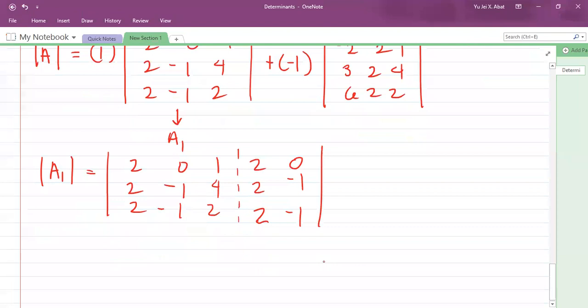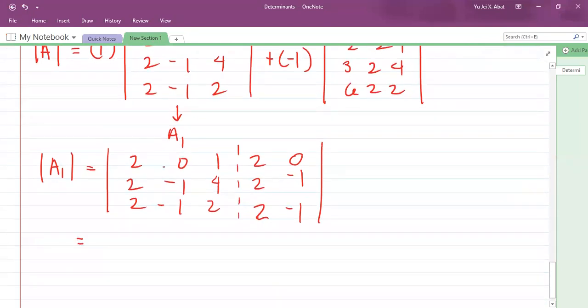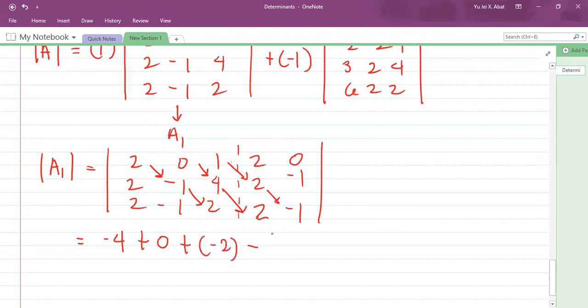Okay, kunin yung determinant. So, 2 times -1, it's -2 times 2, -4. Diniretso ko na. Plus 0 to. Okay. Plus 1 times 2 is 2. 2 times -1 is -2. Minus the other diagonals. 2 times negative 1, it's negative 2 times 1.